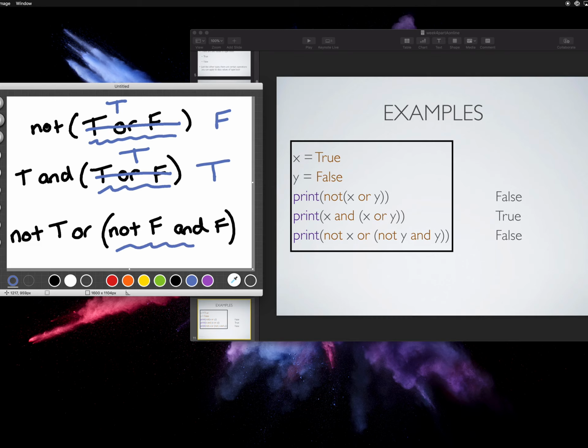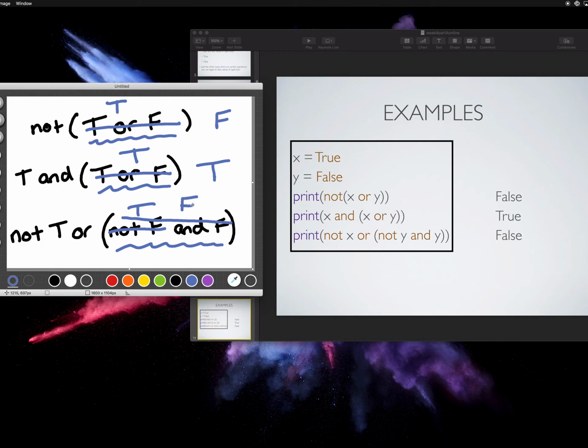Going left to right, you start with not false, and not false is true. And then we have true and false. The rule is with "and," they both have to be true for the whole thing to be true. And they're not, right? This one's false. So this whole thing is going to be false.